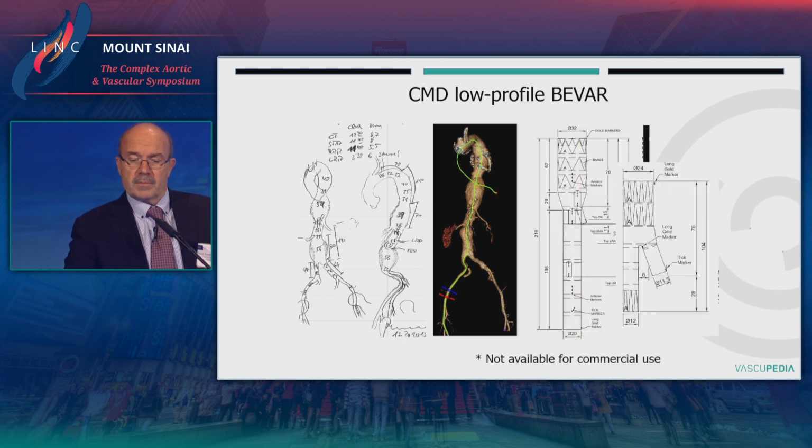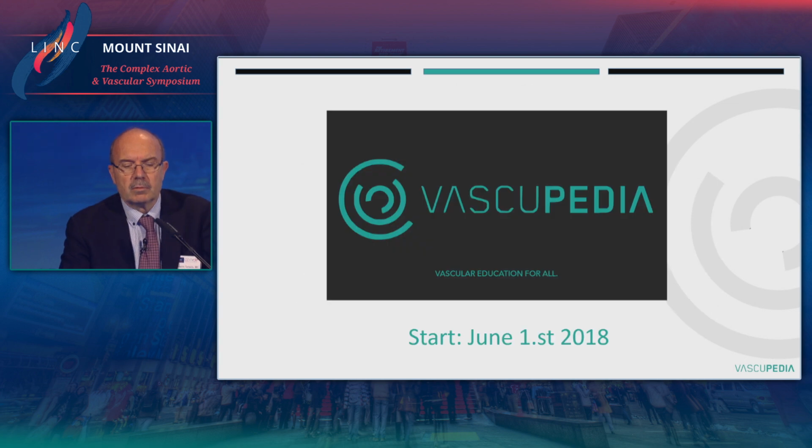You have seen the case, and in case you have the desire to see it again, please go to Vascupedia and you can see a case done with a low-profile branched endograft.